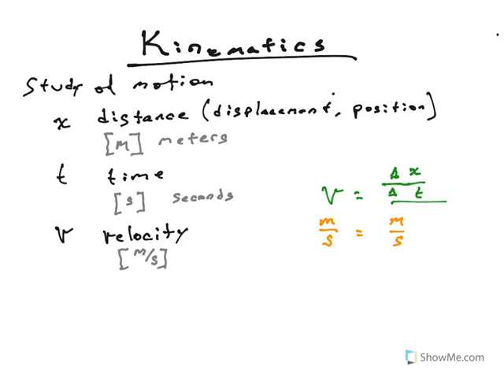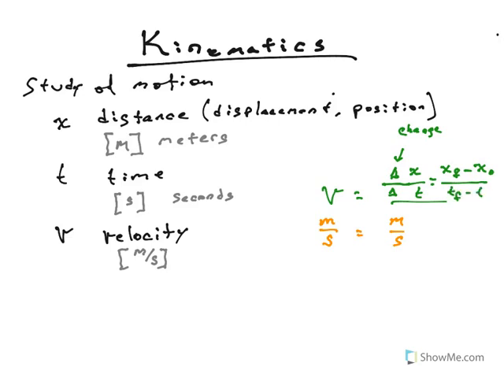Now, just so you know, change, this little triangle symbol, delta, means change. And it's defined as change in position, for instance, or the distance is the final position minus the initial position. And the same for the time.